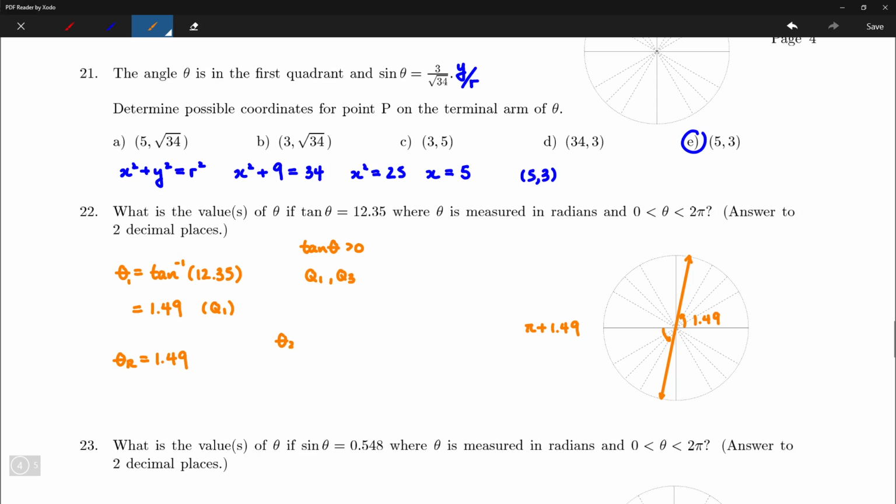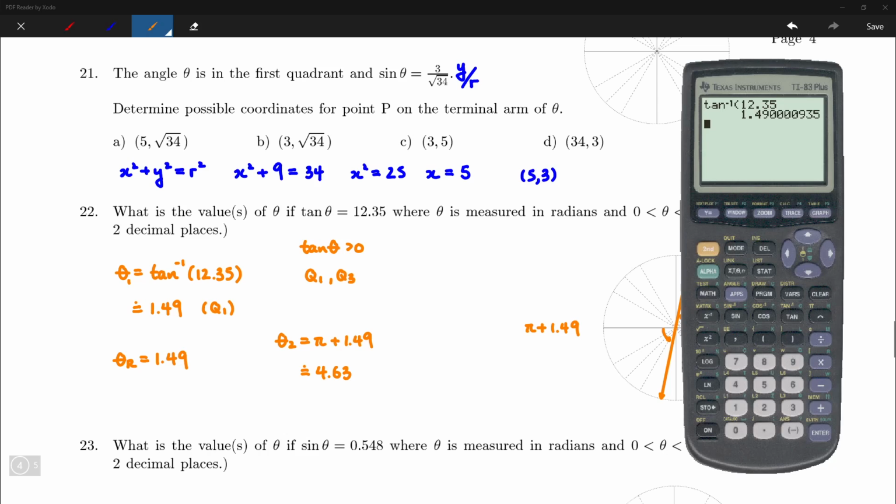Theta 2 is going to be pi plus 1.49, which is approximately equal to 4.63. Right, just making sure that's true. So just add pi here. So yeah, we do get 4.63 as the second answer.